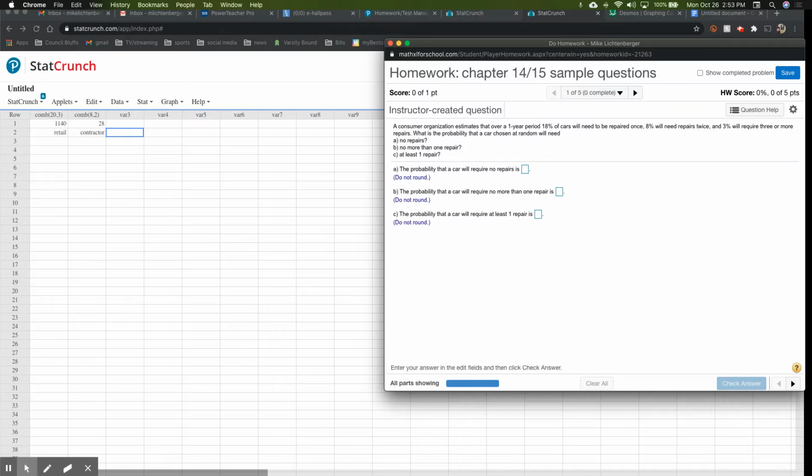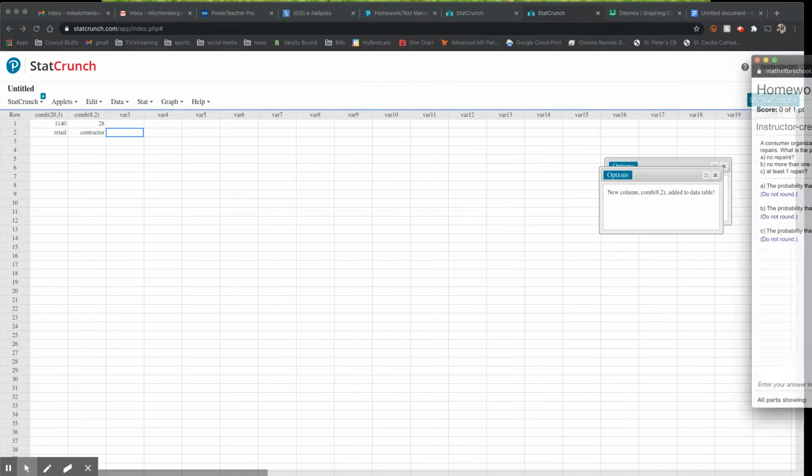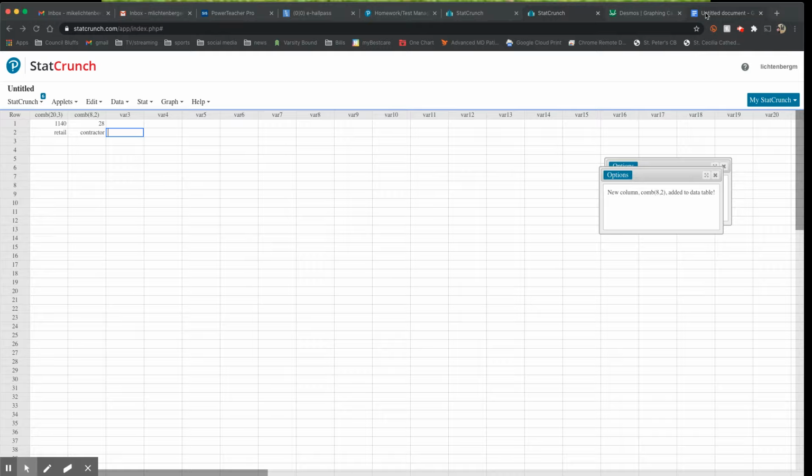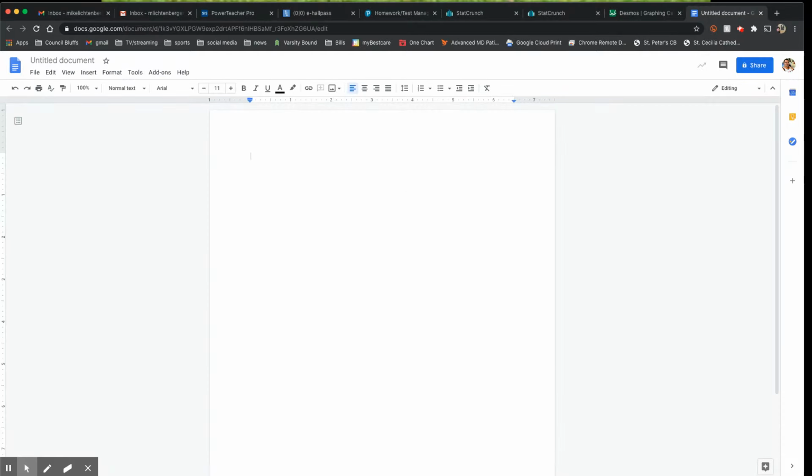A consumer organization estimates that over a 1 year period, 18% of cars will need to be repaired once, 8% will need repairs twice, and 3% will require 3 or more repairs. So I'm going to type that information out just so we have it.